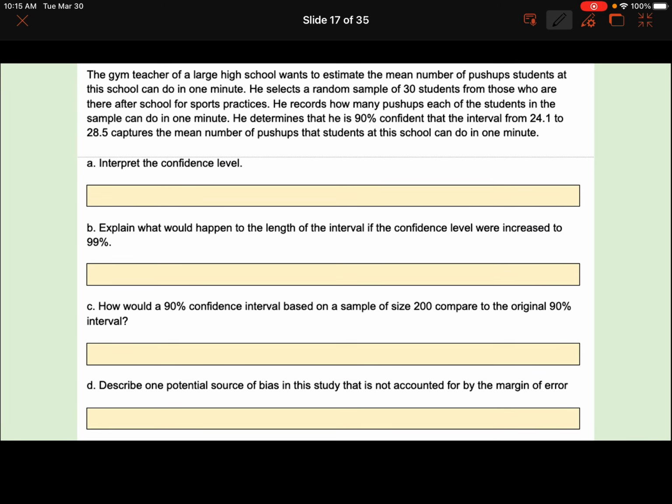All right, for part A, this is pretty much just fill in the blanks from the notes, but I'll go ahead and go over it.